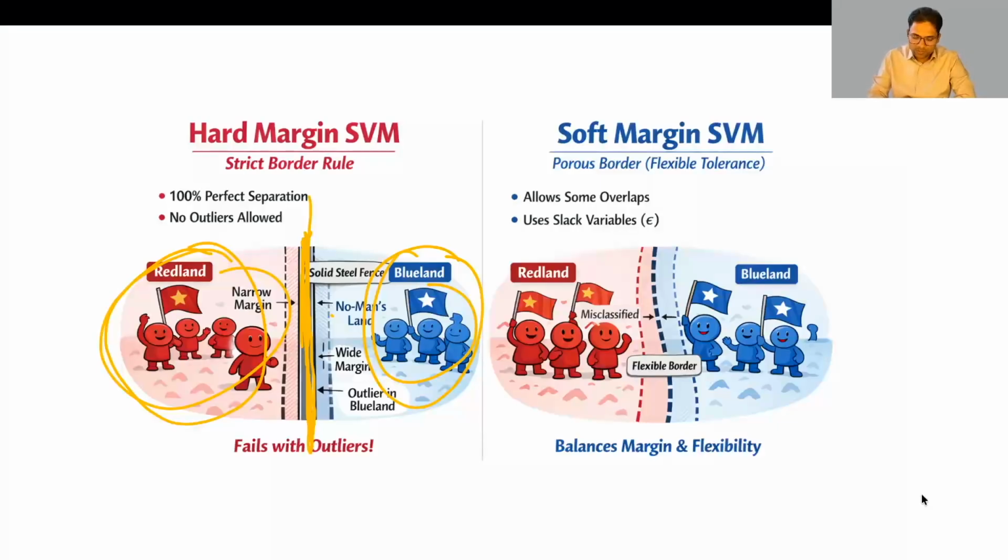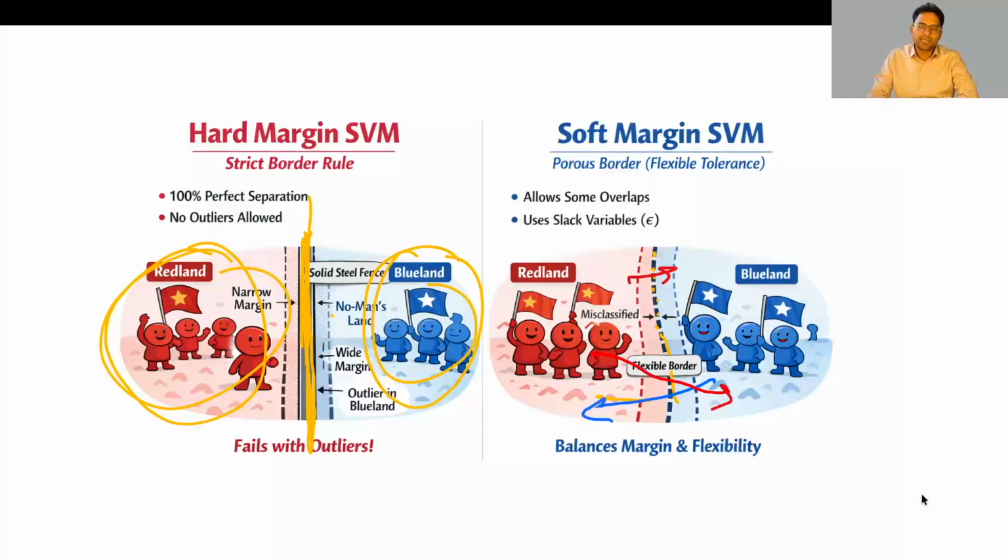There is a porous boundary. You see here, this is a dotted line. People can cross from here to there, no problem. Blue people can come here, 100 people can go there, and that's okay. That happens in the real world. So this soft margin allows crossing of points to the other side. I hope this analogy makes it clear.